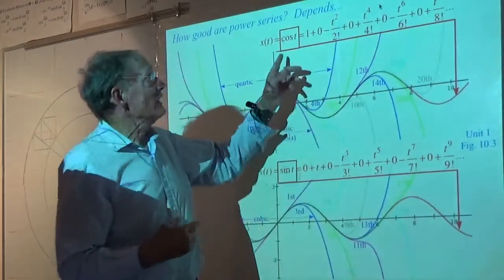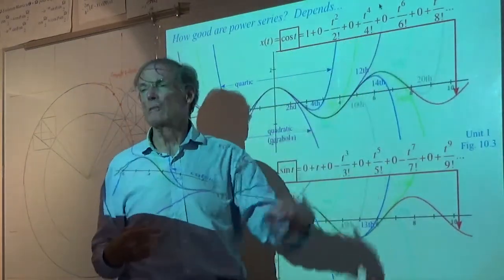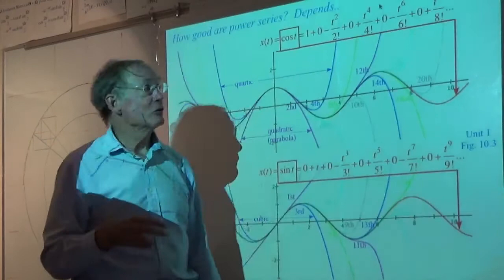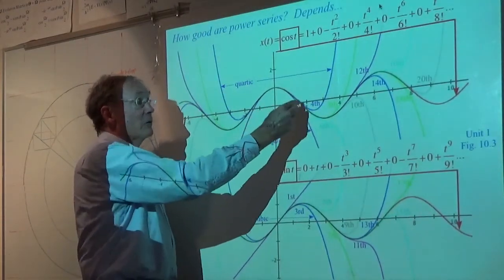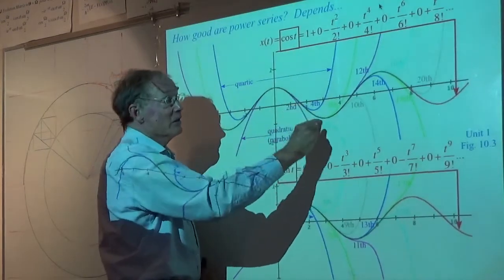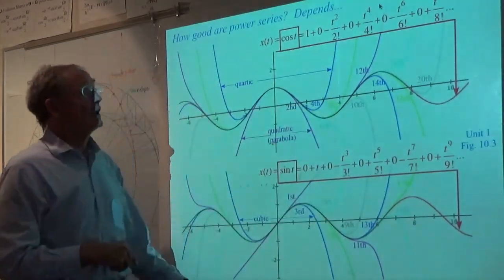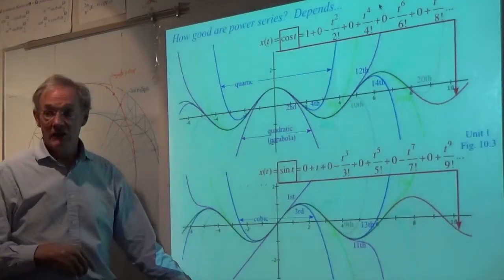So that's where the Taylor series, actually it's called the Maclaurin series when you don't do it around some other point besides 0. We'll talk about that. Basically, you're differentiating cosine.